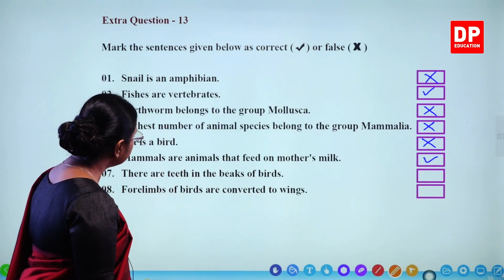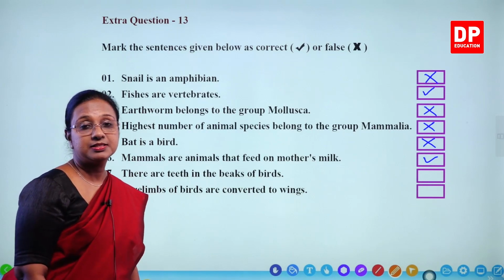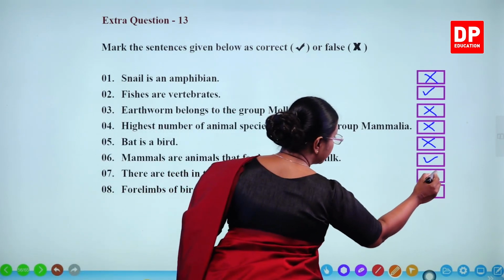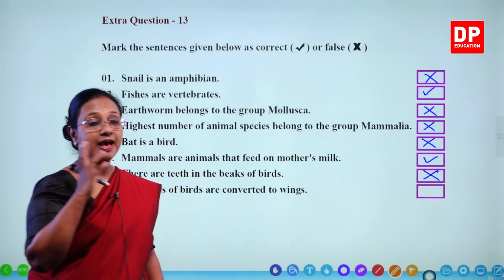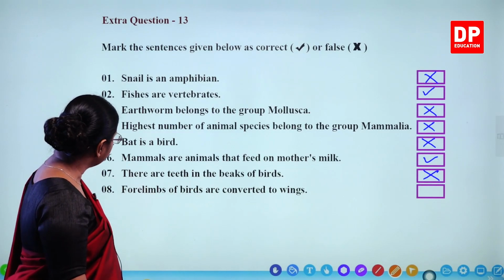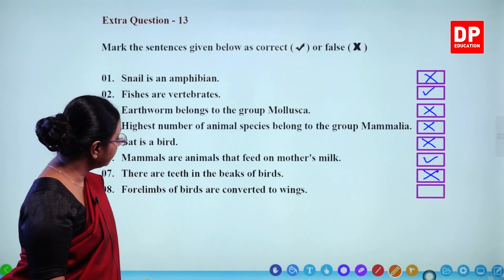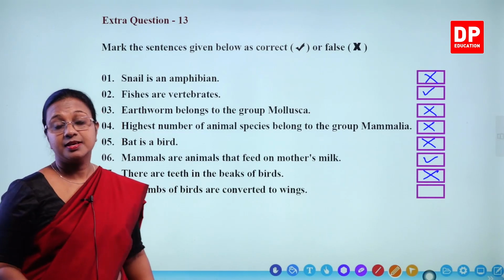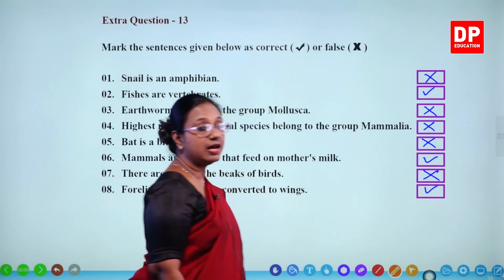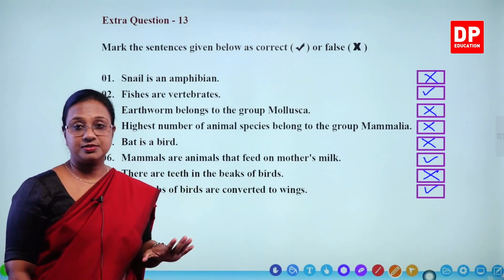Then there are teeth in the beak of birds. Do the beaks have teeth? No. That is a special feature of birds. They have the beaks, but there are no teeth on beaks. And the eighth one, four limbs of birds are converted to wings. That is of course correct.